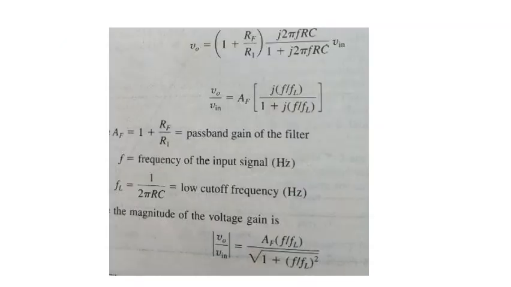Moving on to the output voltage equation, as I have already told, V0 is gain.